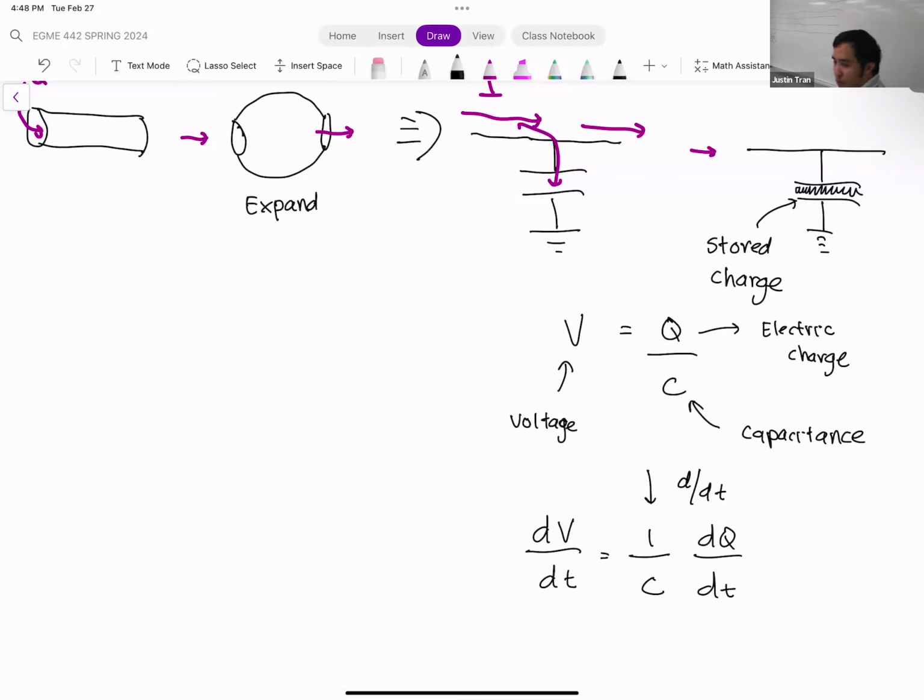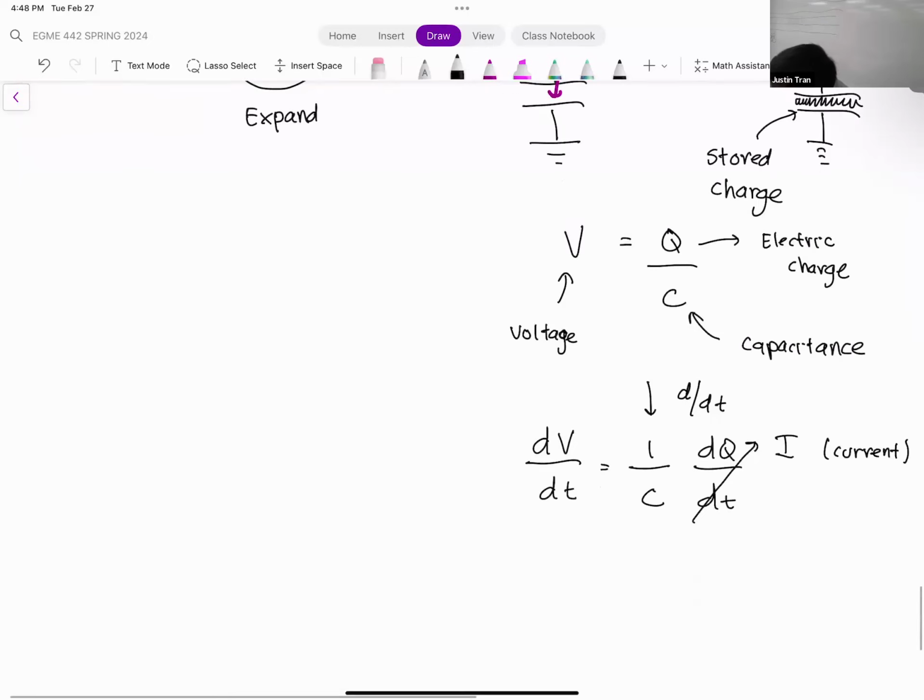The time derivative on the right gets passed to the charge, and the time derivative of electric charge is equal to the current. And so our final formula is dV/dt equals I, the current, divided by C, the capacitance.